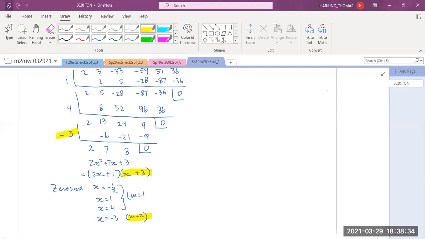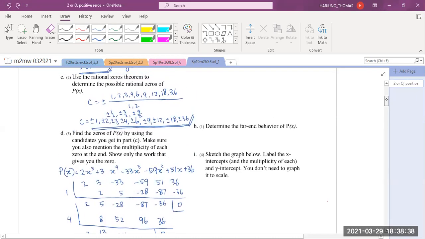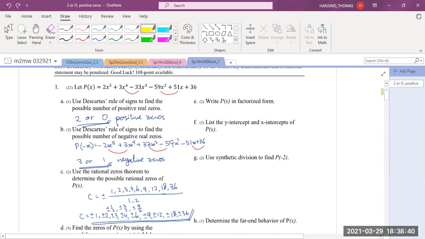Now the next question, write P(x) in factored form. Notice that x equals negative 1/2, x equals 1, x equals 4, all of them with multiplicity of 1, and x equals negative 3 is a 0 with multiplicity of 2.